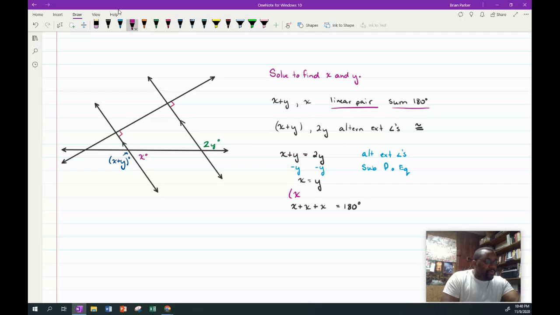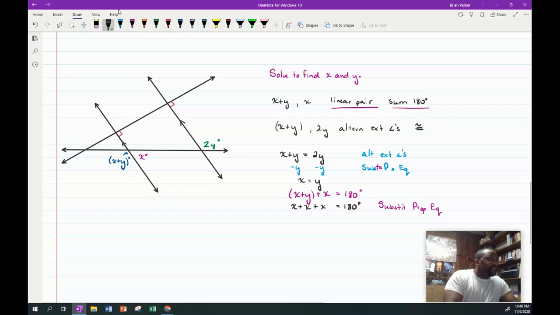And so I would normally write x plus y plus x equals 180 degrees. But now I know that x is the same as y. So whereas before I used the subtraction property of equality, now I'm going to use the substitution property of equality. And I just plugged in x for y because they're apparently the same thing.